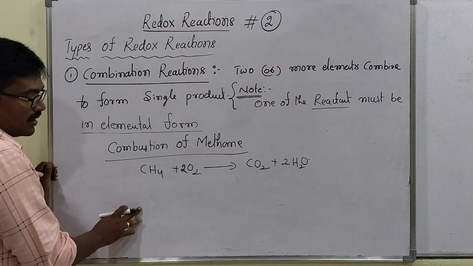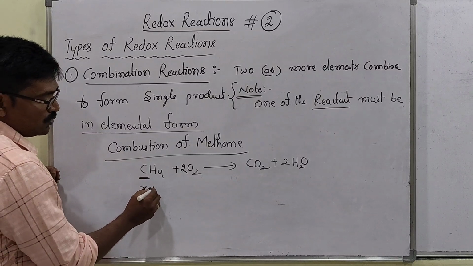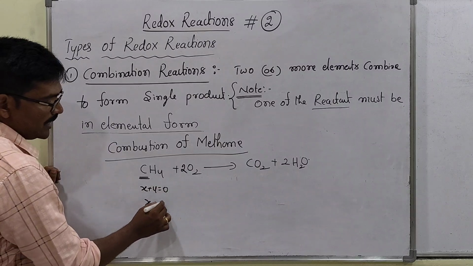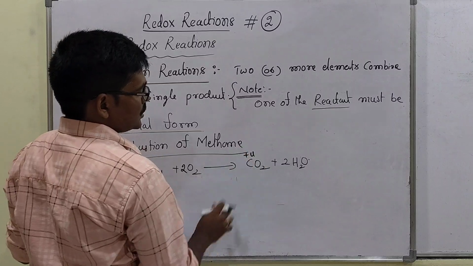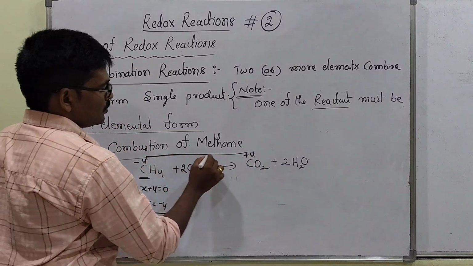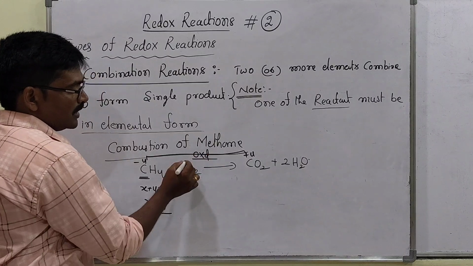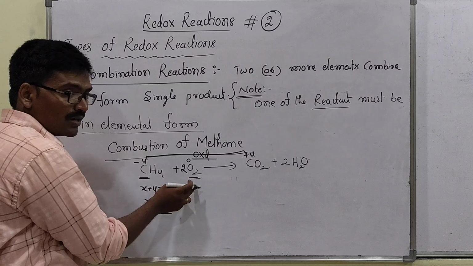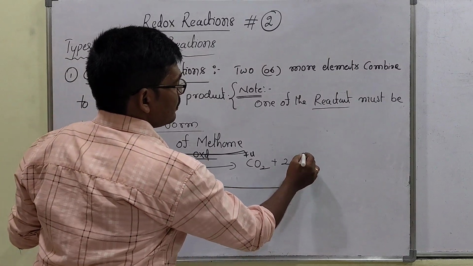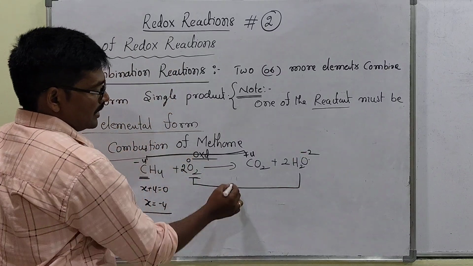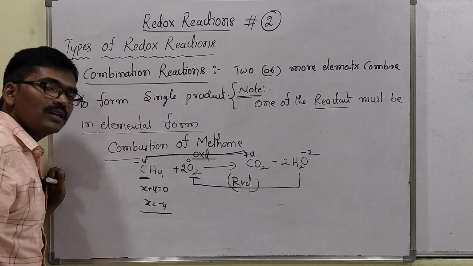Carbon's oxidation state: X plus 4 equals 0, so X equals -4. In the product, +4 oxidation state. So -4 to +4, oxidation number increases, oxidation. Here one of the reactants is present in the elemental form, 0 to -2 for oxygen, oxidation number decreases, reduction. Oxidation and reduction both take place.